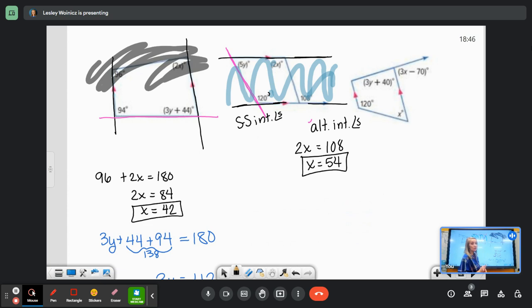So those are supplementary, so they have to add up to 180. So 5y plus 120 equals 180. Subtract 120 from both sides and we get 5y equals 60. Divide both sides by 5 and we get y is 12.